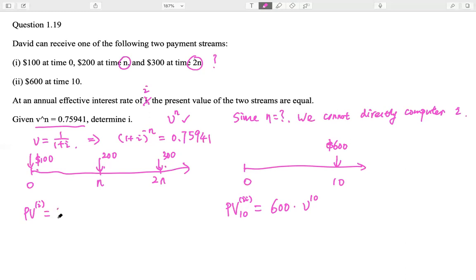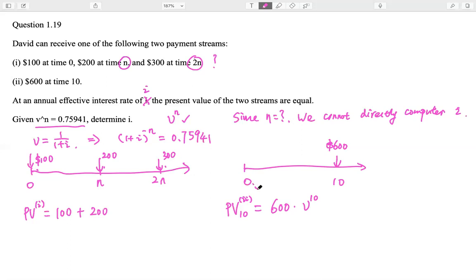The first one, there's nothing I need to do. It's already at time 0. So $100 at time 0 is exactly $100 at time 0. Next, I have $200, but it's at time n. Again, in order to do comparisons of money at different times, we must convert all of them to the same time point.